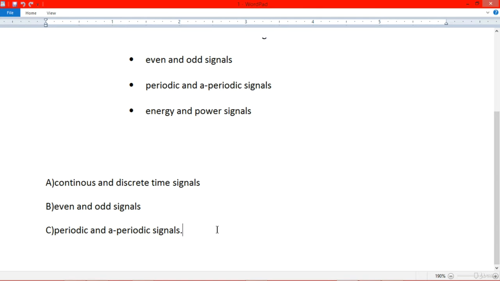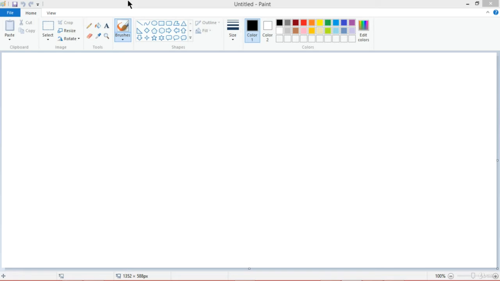Let's begin with continuous and discrete time signals first. A signal is continuous if the independent variable t is continuous at every interval of time. Let's draw this on Paint.